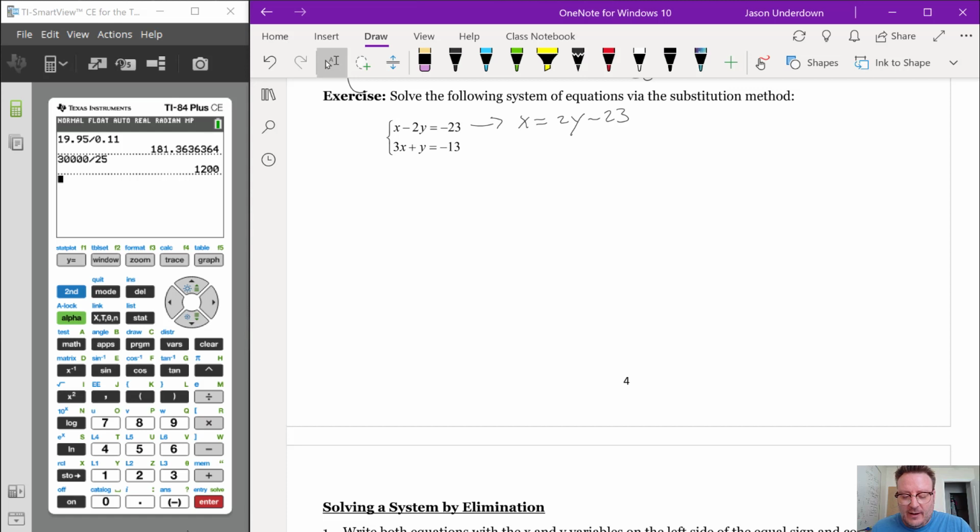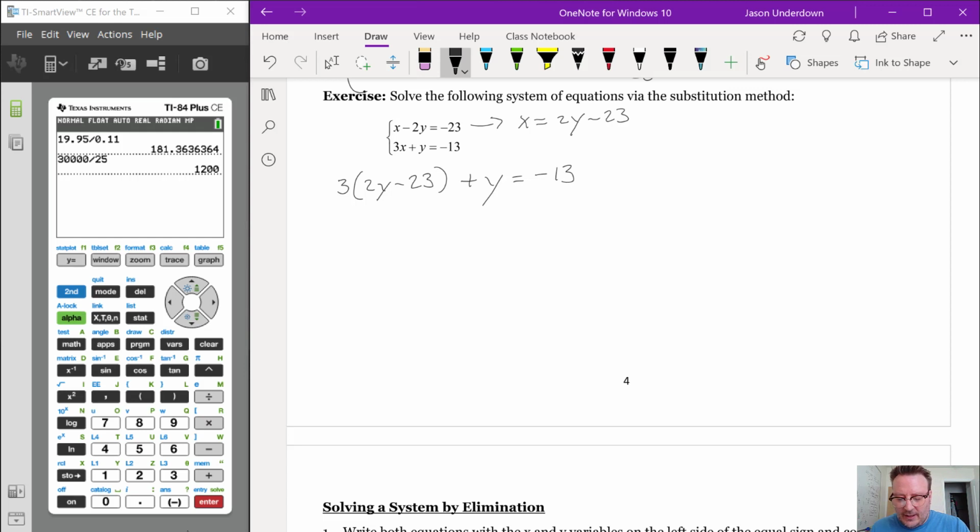Now that I have an expression for x in terms of y, I can plug that expression into the second equation for x. I want to replace x with this. So I'm going to get 3 times (2y minus 23) plus y equals negative 13.